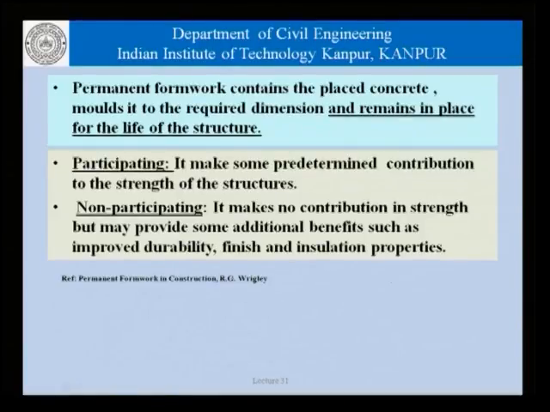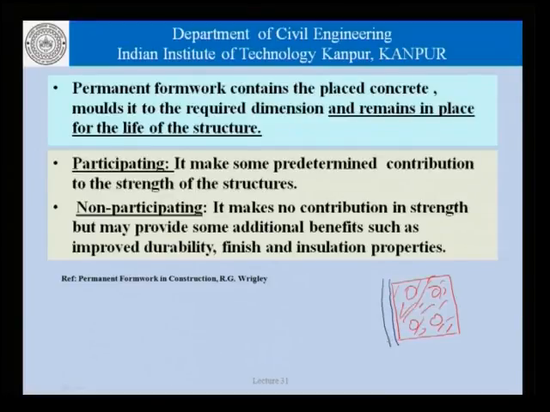Now, let me explain this issue a little bit again. Consider a column with the reinforcement. If this was the normal concrete that we use, what we would do normally is to cast this column against panels which could be made of plywood or steel, and we remove these plates. This is the normal construction that we would do.